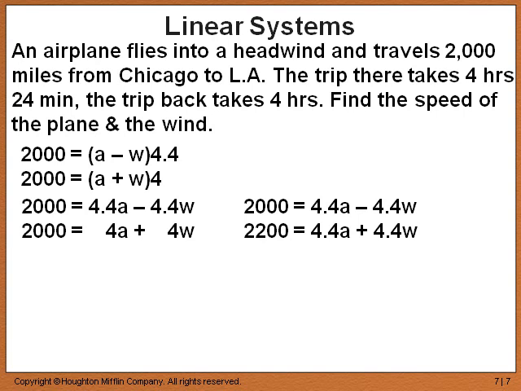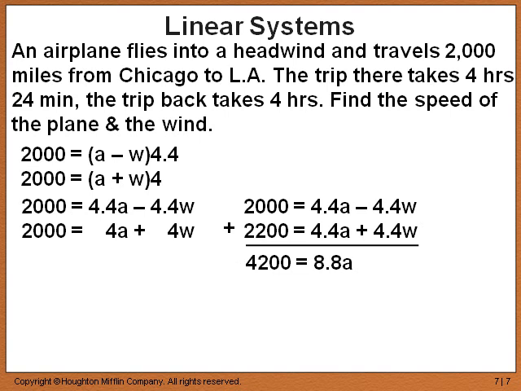And that's why I ended up with 2200, because that's 2000 times 1.1. And 4.4a is 4a times 1.1. And 4.4w is 4w times 1.1. So I've got this system now. And then I can see that this is easily solvable by elimination.